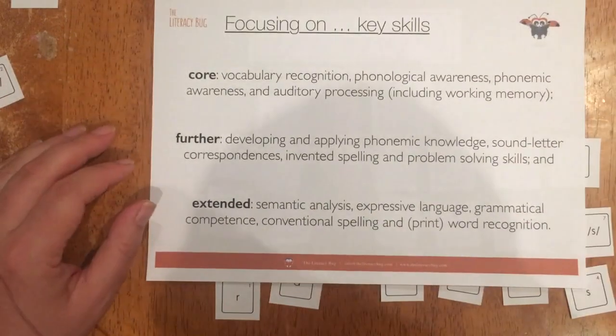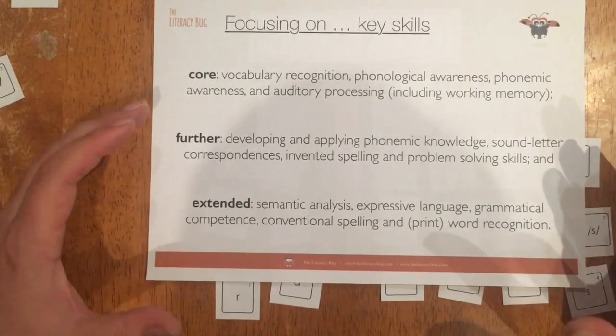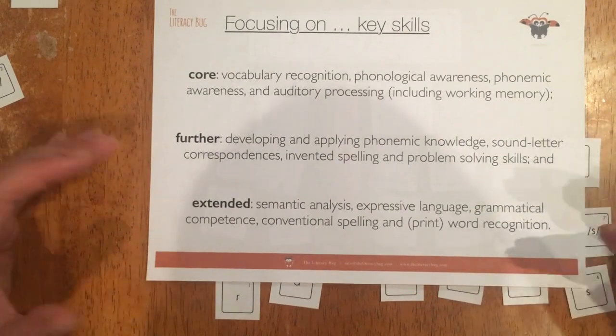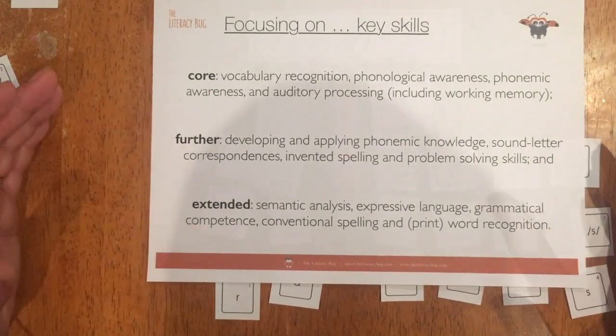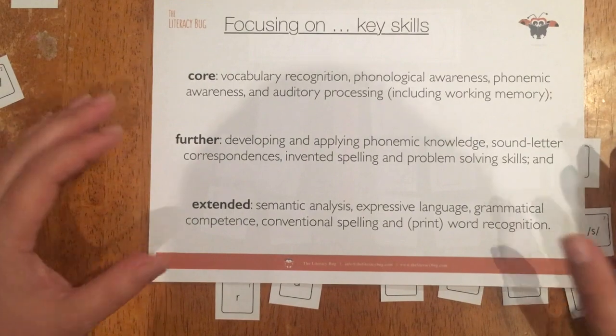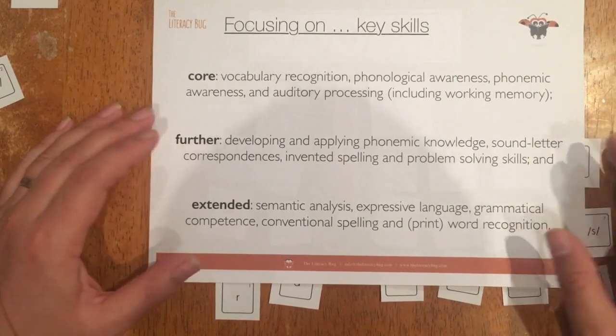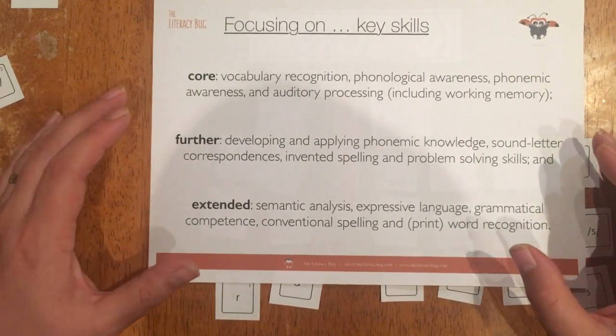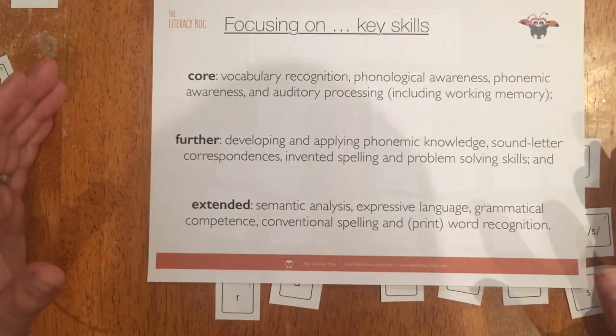And then the extended skill is to focus back on meaning. So semantic analysis, using those words in a sentence, therefore demonstrating grammatical competence, looking up, is this invented spelling the right spelling of the word? Am I spelling it correctly?